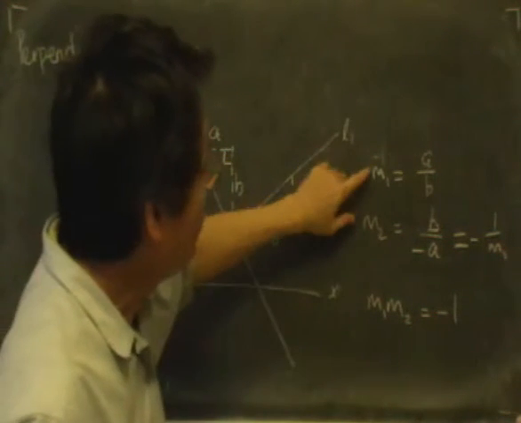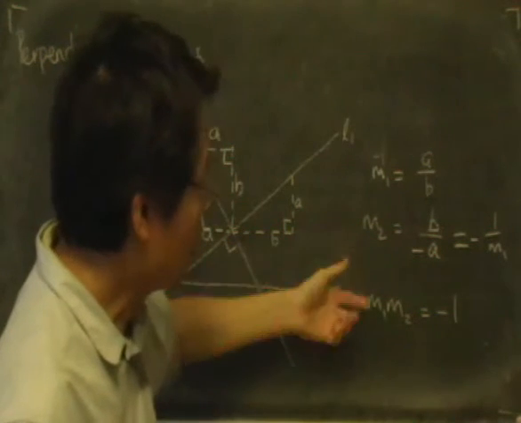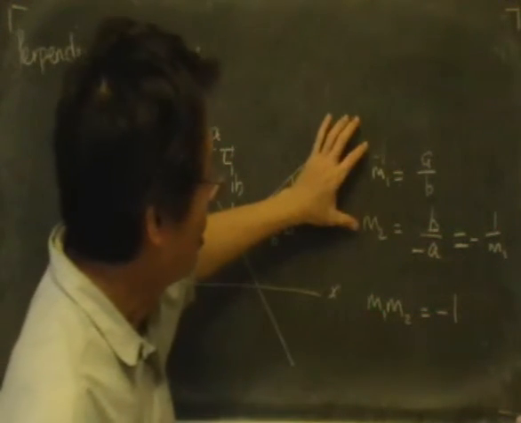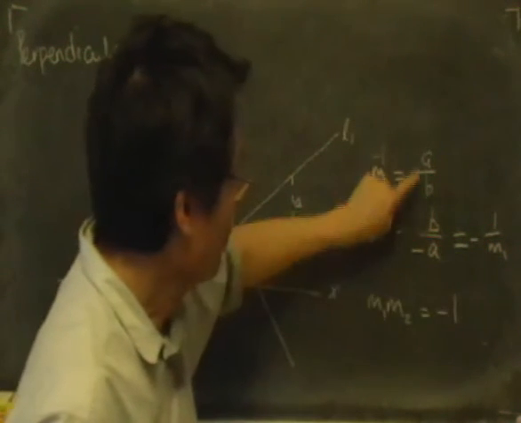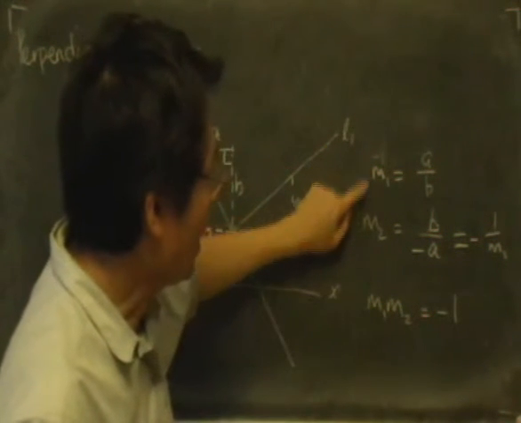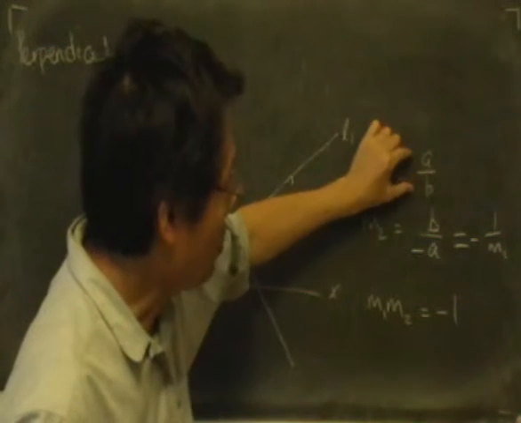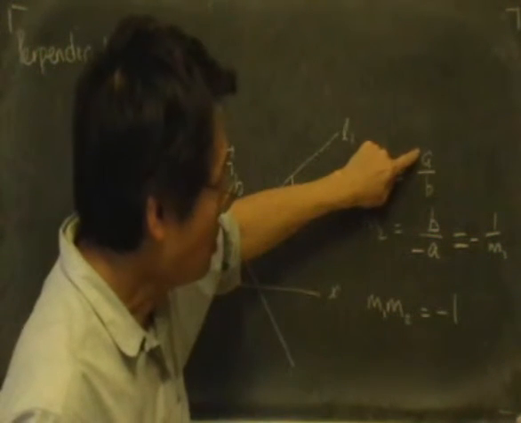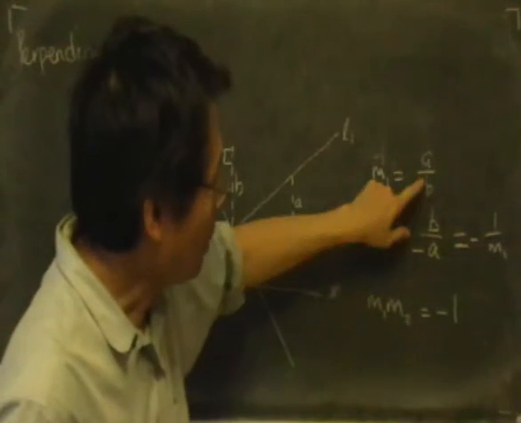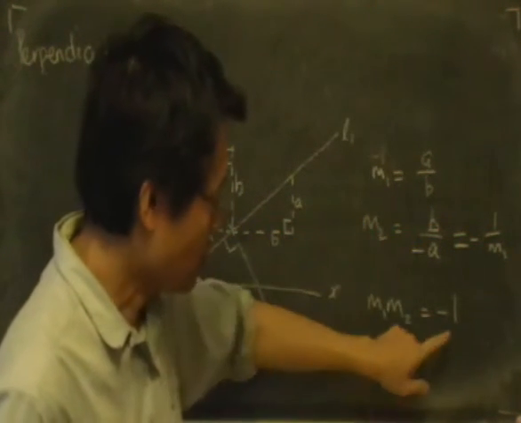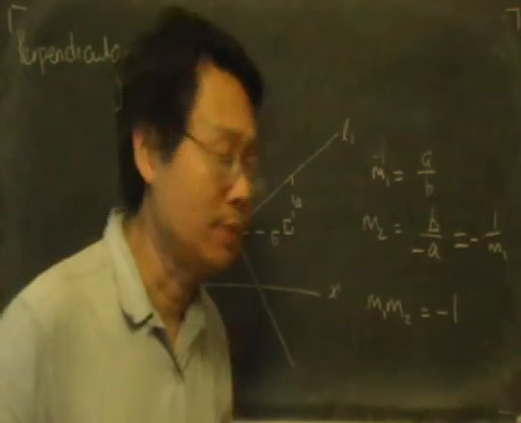Now, there is also another way to arrive at this. If you forget about that for now, just look at those two. If I simply multiply M1 and M2, then when you multiply A over B by B over A, the A on top and the A at the bottom cancel. Likewise, the B and the B cancel. And we'll also get 1 with the minus sign.